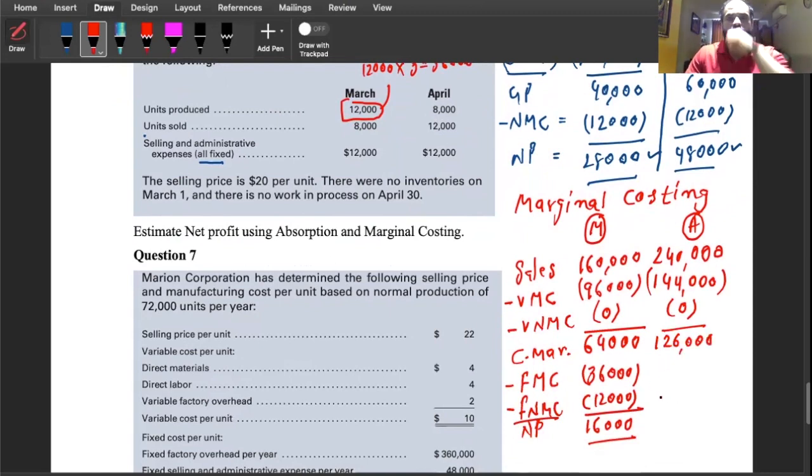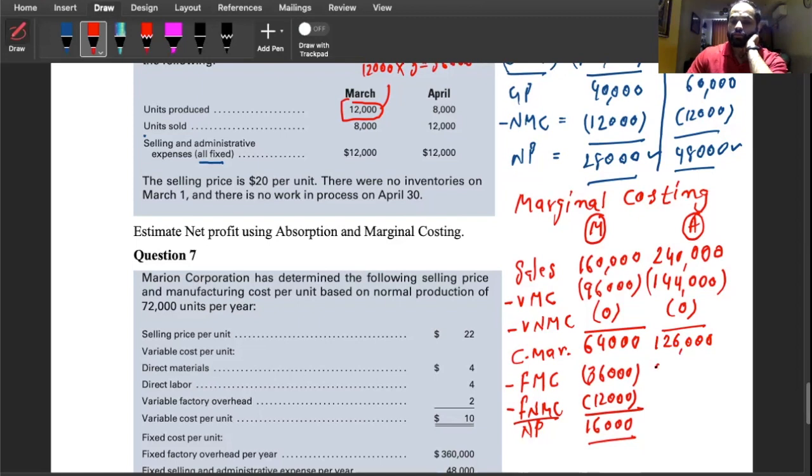Minus fixed manufacturing cost. Tell me, fixed manufacturing cost for the month of April?